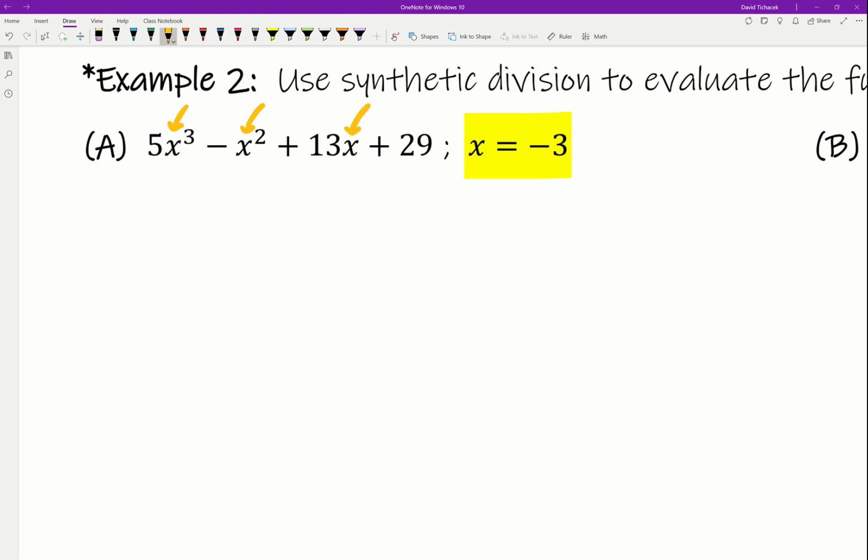So they needed shortcuts like this for being able to evaluate polynomial functions that would be relatively quick and easy to do without a calculator, which didn't exist back then. So this would be another way to evaluate a function at a value, but by using synthetic division, okay?